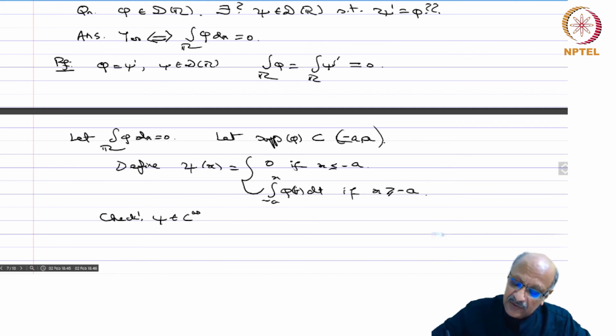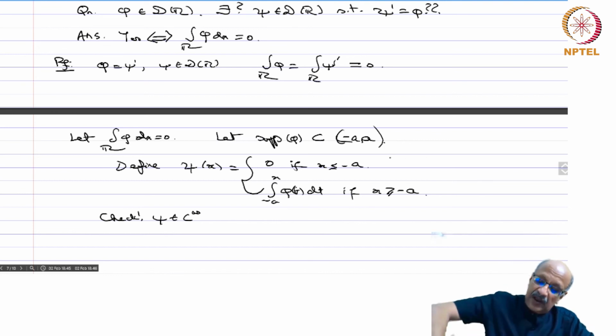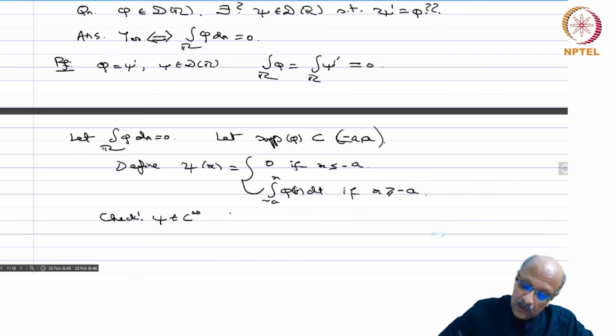Afterwards its derivative, by the fundamental theorem of calculus, is nothing but phi, which is a C infinity function, and therefore this function is in fact a C infinity function.